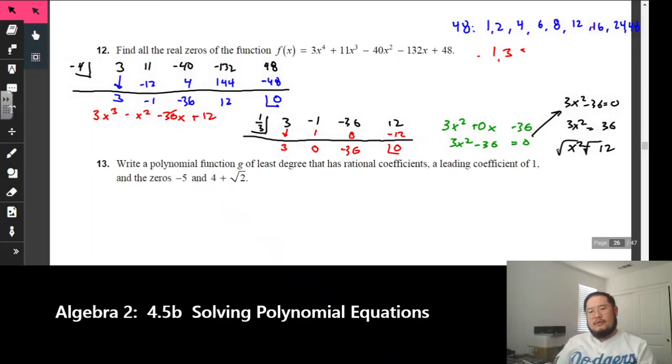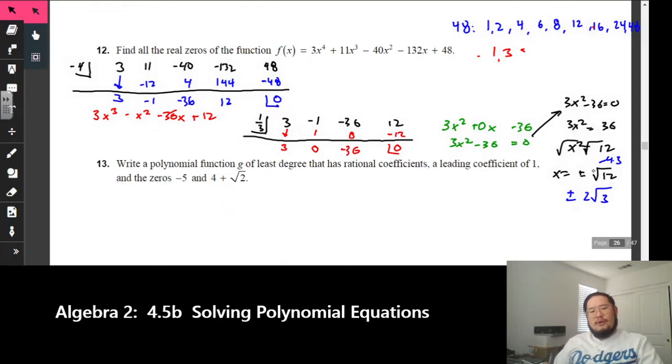You square root both sides and x is equal to plus or minus rad 12. We could simplify this a little bit further, and we get plus or minus 2 rad 3. Right, factors of 12, 4 and 3. I could take the square root of 4, and that's where that 2 comes from.